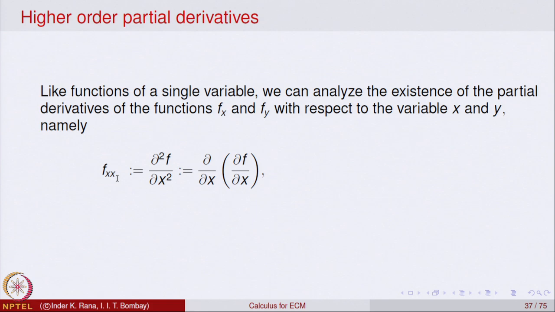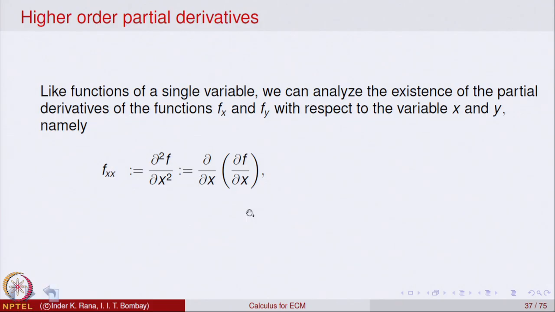It is a second order partial derivative of f with respect to x and x. What is this? You take the function, find its partial derivative with respect to x, and then again find its partial derivative with respect to x. So, this is the partial derivative with respect to x twice.